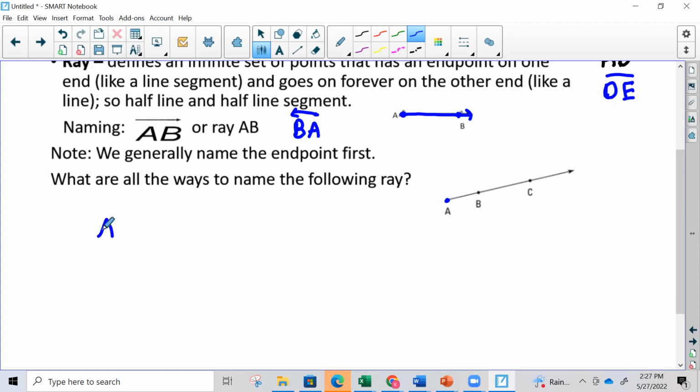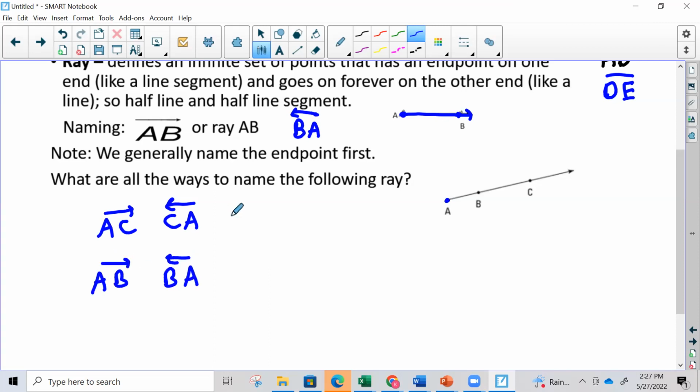So one way would be AC, and then I would put the arrow. And if I wanted to do the other way, I would just reverse the direction of the arrow. And then the other way would be AB.